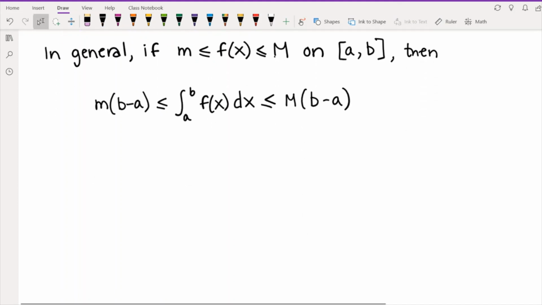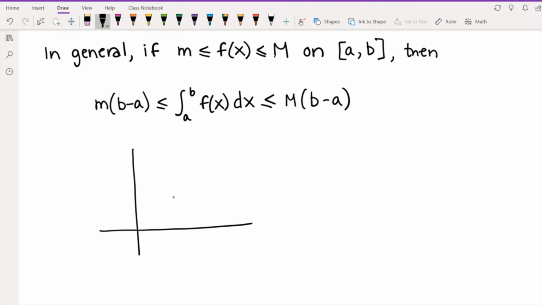So where is this coming from? It's just basically what we just saw in this example. So if your function f of x is something like this, well, let me put in some bounds. Let's say a is here and b is here. So it looks like the minimum value on this function is here. This is little m.